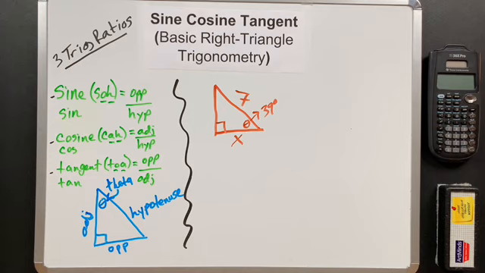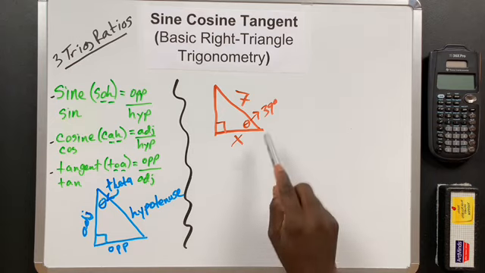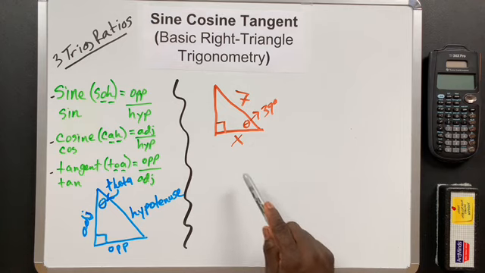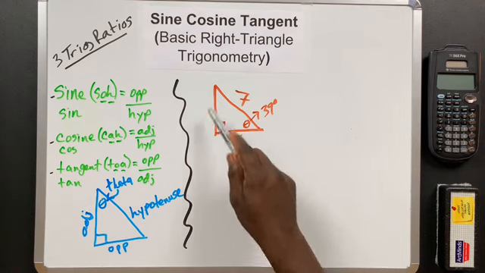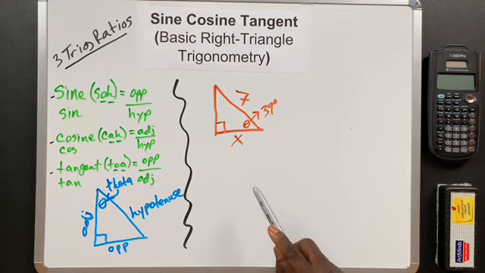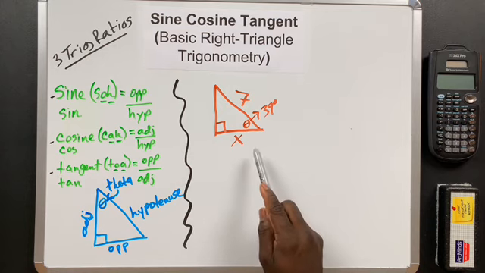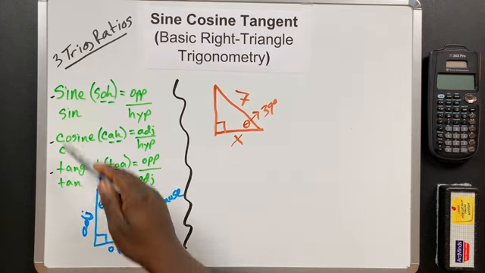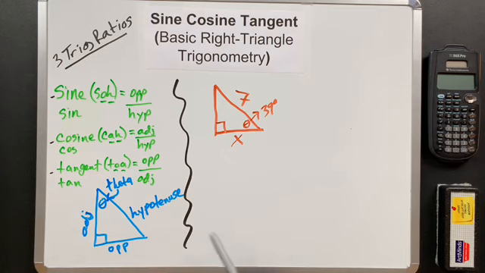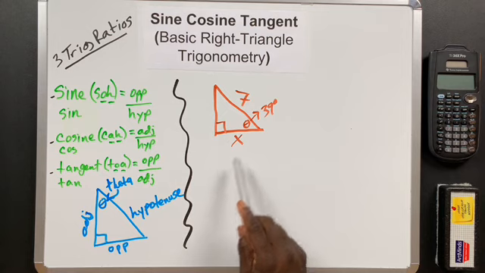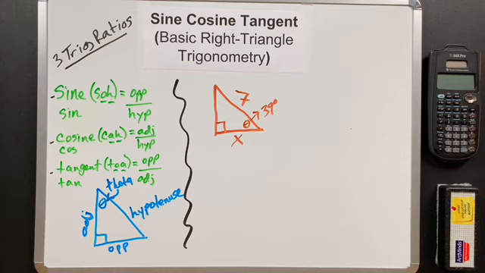And we know what theta is. It's 39 degrees. Now that we know that, we can label parts of the triangle, because based on how we label it, that's going to tell us which of these three trigonometric ratios we have to use to calculate the length of x. So let's go ahead and label.